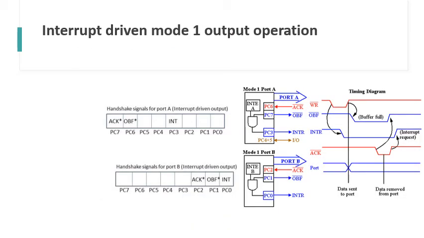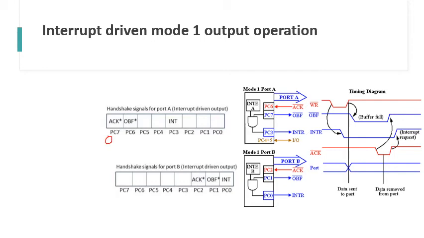We have seen the details of input operation in mode 1. Now let us learn the handshaking process and details of interrupt driven output operation in mode 1. The three handshaking signals are provided by the pins of port C: acknowledge, ACK, OBF, output buffer full, and interrupt. This acknowledge is an active low signal.